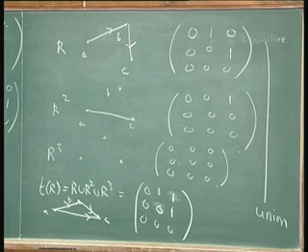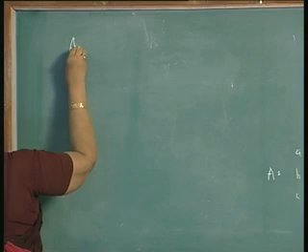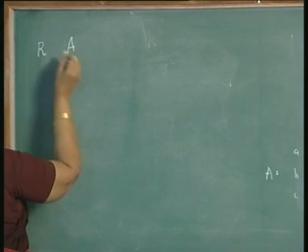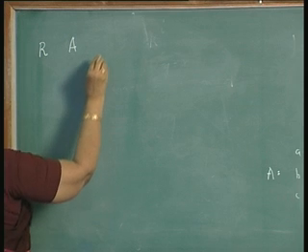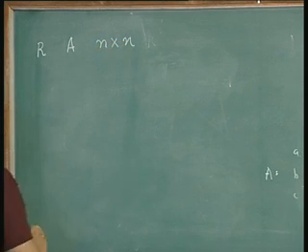How much time will it take to calculate the transitive closure? R is a binary relation represented by the adjacency matrix, and this is of size n by n.